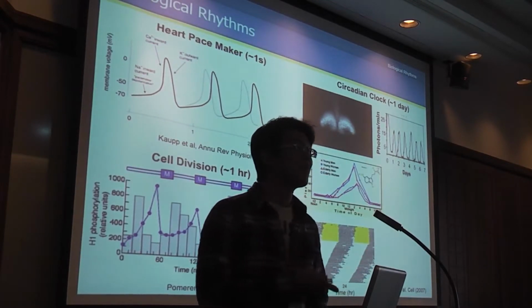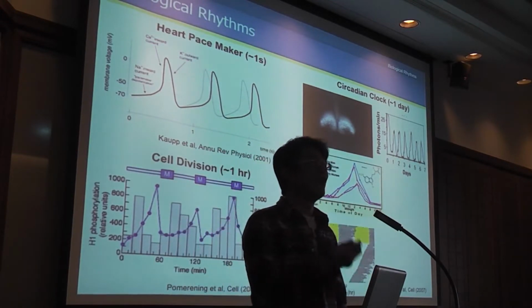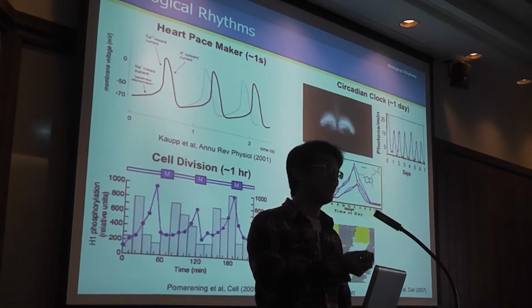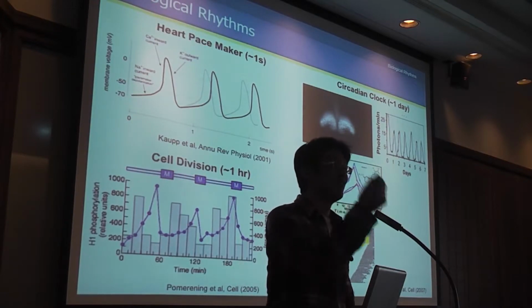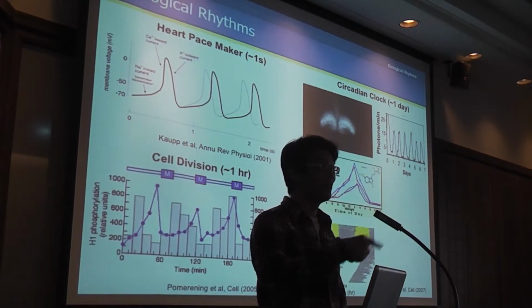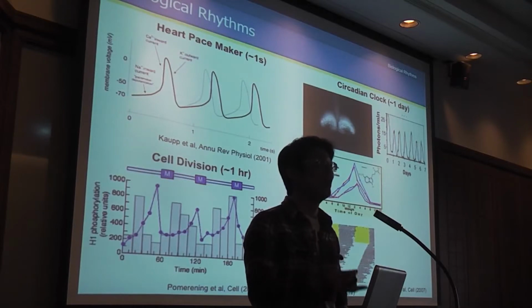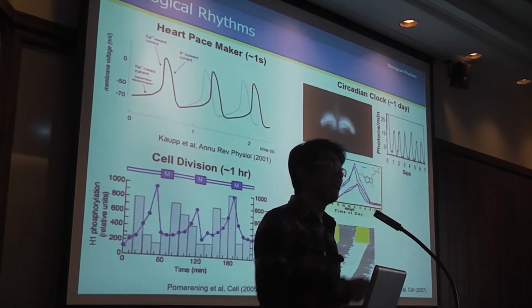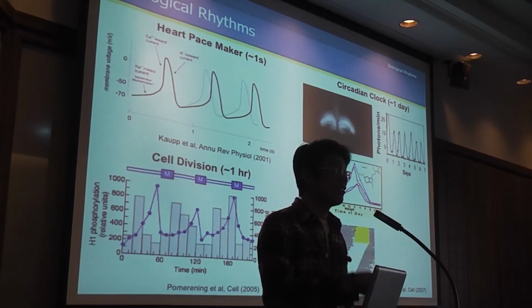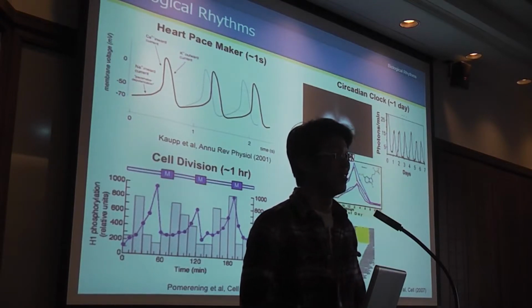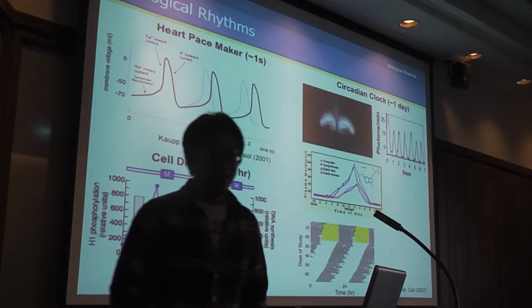Basically, to recover from a time difference, you need 1 day for each 1 hour of difference. So if you go to China, a 12-hour time difference, you need about 12 days. Wow. And if you go to California, a 4-hour difference, you need 4 days to recover your circadian clock.